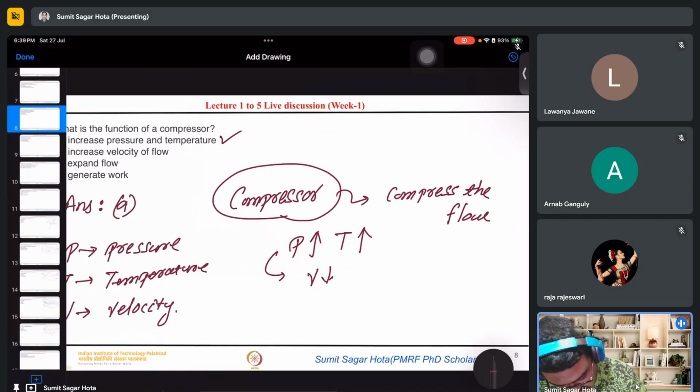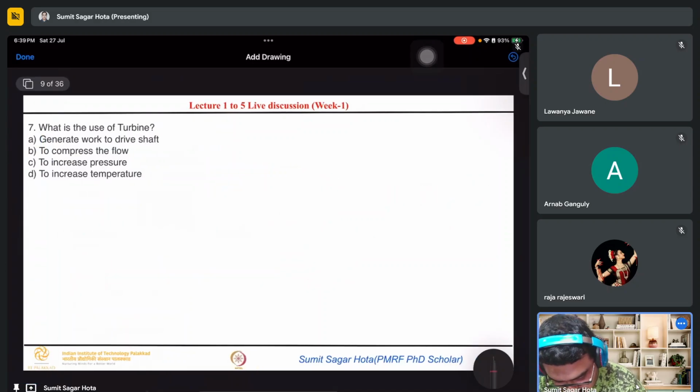Let's go to the next one. What is the use of a turbine? So basically it always generates the work to drive the shaft. Let's write down.